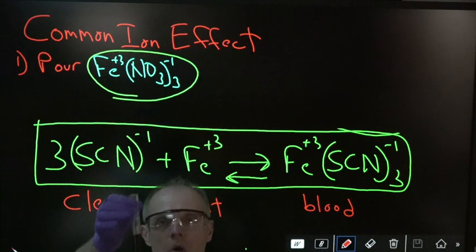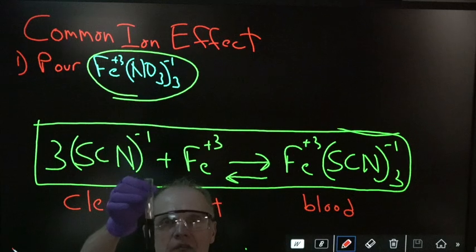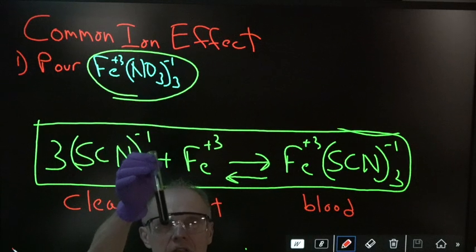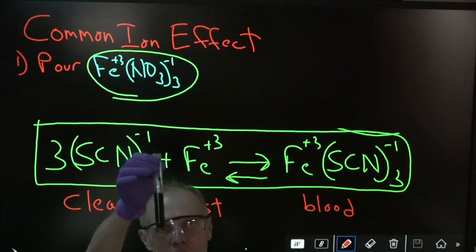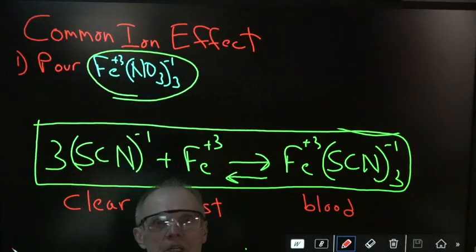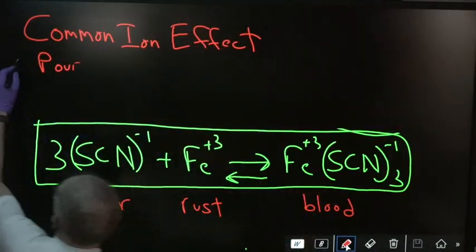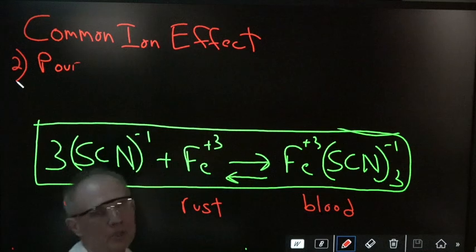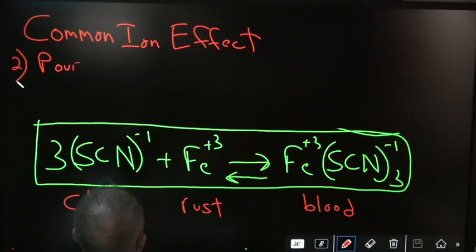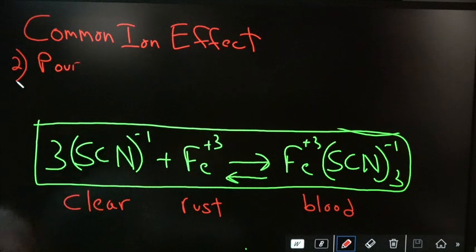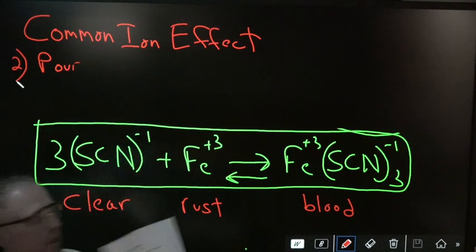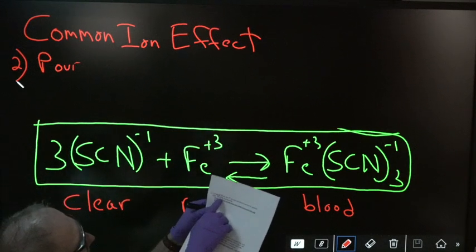But I want to know a good paragraph why the reaction got darker red when you put Iron III nitrate. Number two. Number two is we are going to put, if you turn the page over, we're adding potassium thiocyanate.